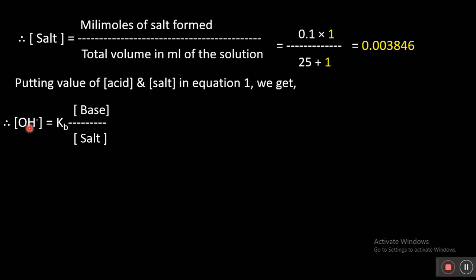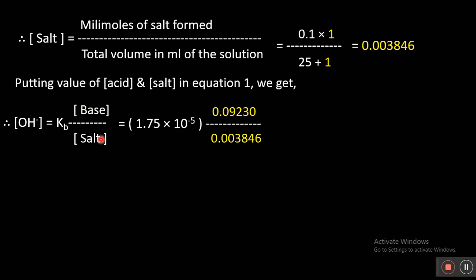Now let us put the values of concentration of base and concentration of salt in this formula. Concentration of OH minus is equal to Kb into concentration of base upon salt, which is equal to 1.75 into 10 raised to minus 5.